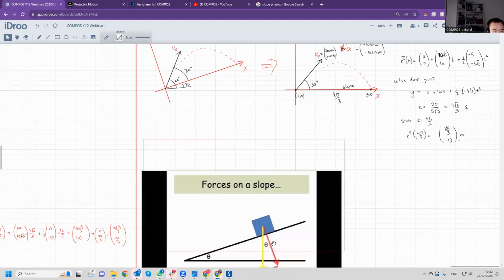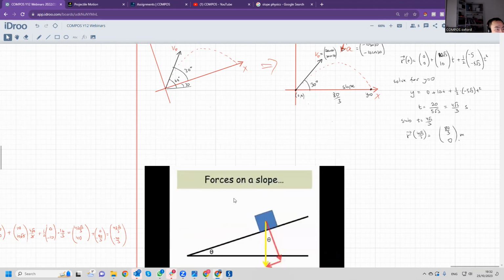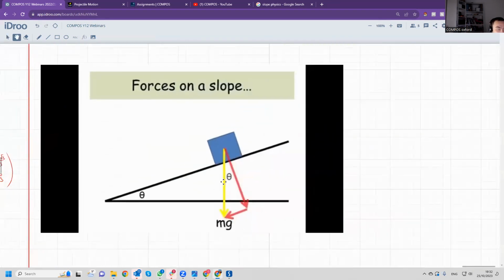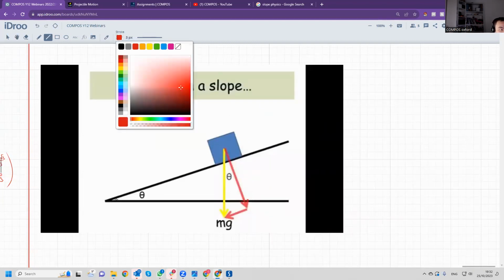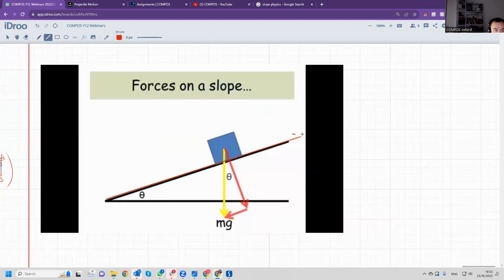What we do is we say, okay, I want to have my x-axis going along the slope. My y-axis is 90 degrees to that. This is my y-axis. My acceleration is vertical, it's like this. Acceleration, g.